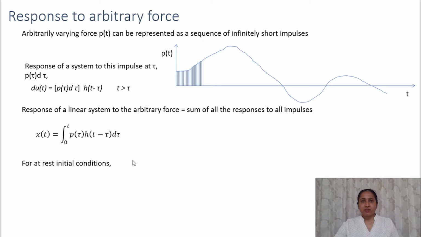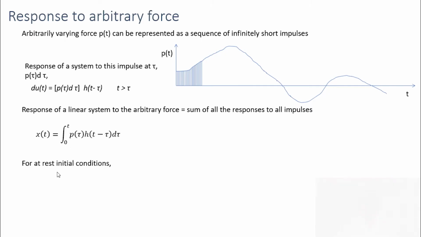If we have 0 initial conditions, that is at time equal to 0, if our displacement and velocity are 0, then for damped systems, we can find the response as this, where this p tau is the expression for this arbitrary force.